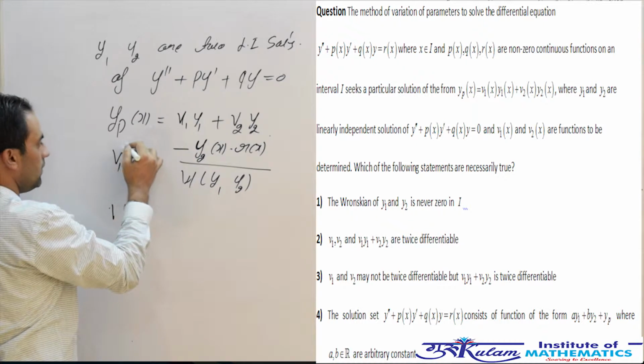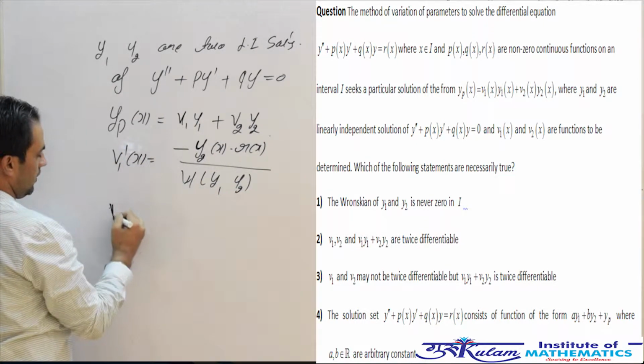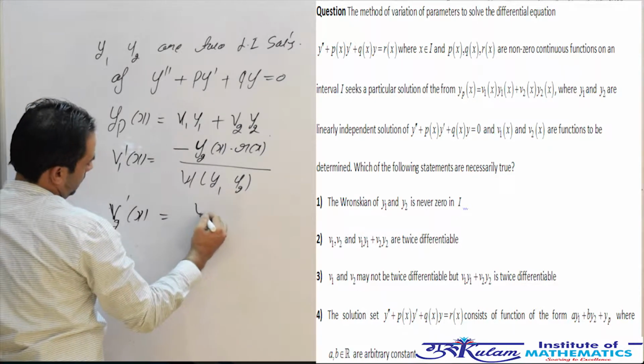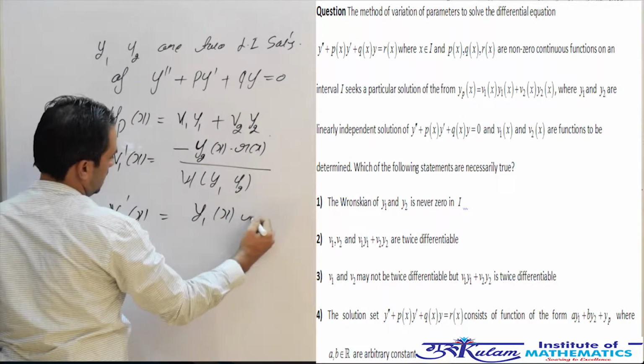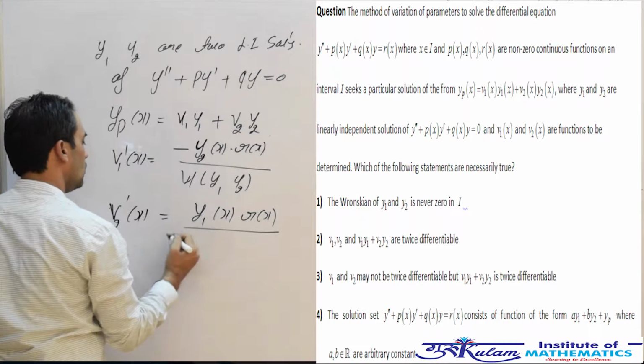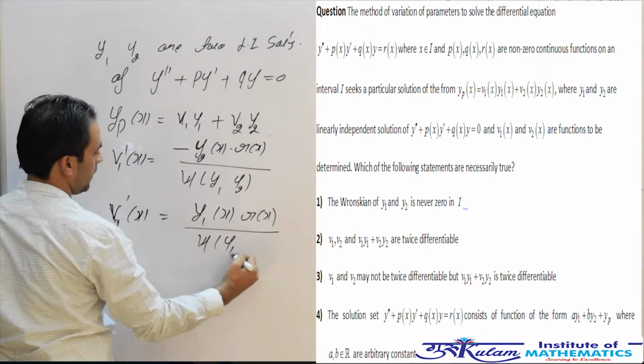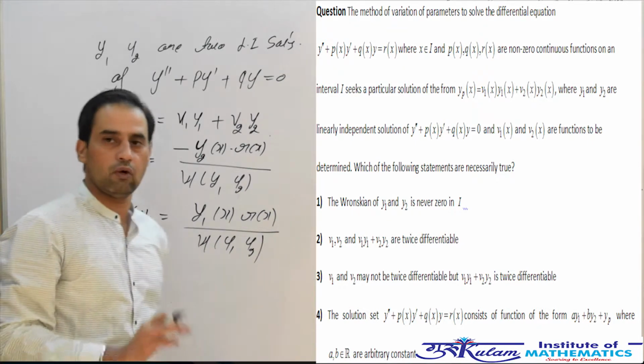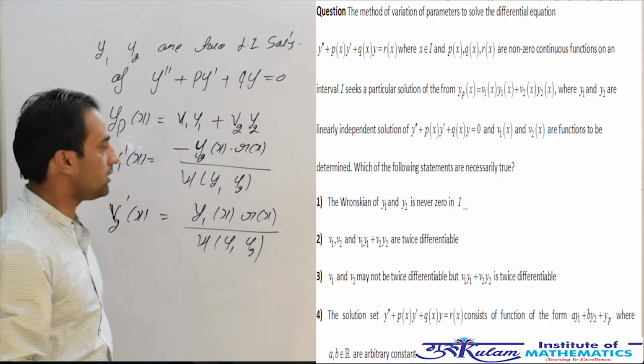Similarly, v2' is given by y1(x) r(x) whole upon the Wronskian of y1 and y2. So these v1', v2' are obtained by variation of parameter.